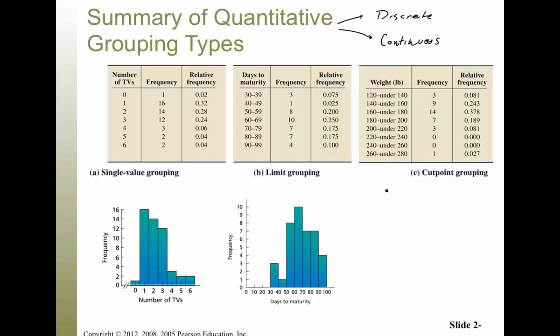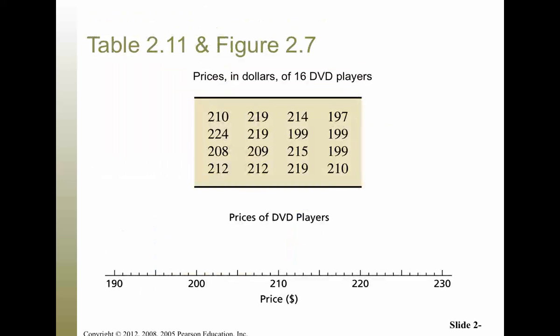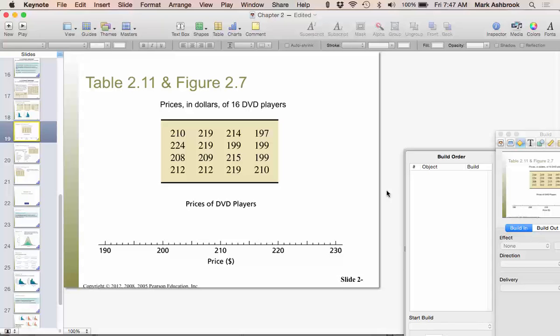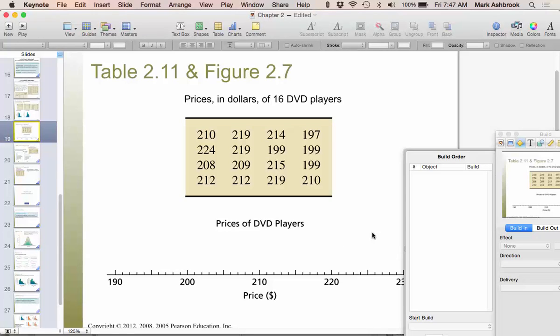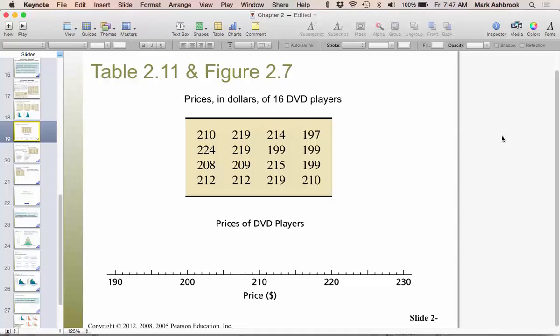Okay, so we're going to talk about some other ways to organize data. The next one is what's called a dot plot. Dot plots are really easy. Just like a histogram, you have the value of the variable on a horizontal scale.